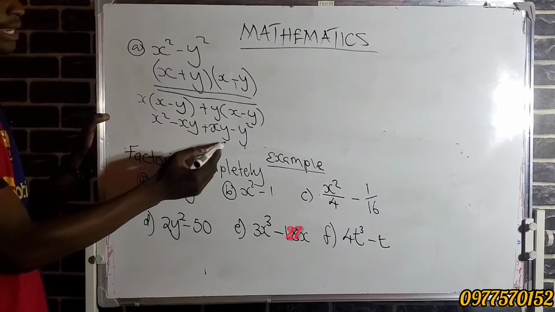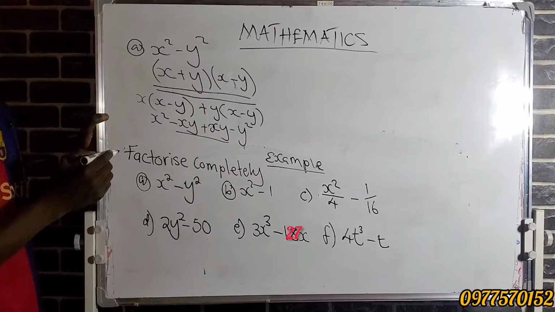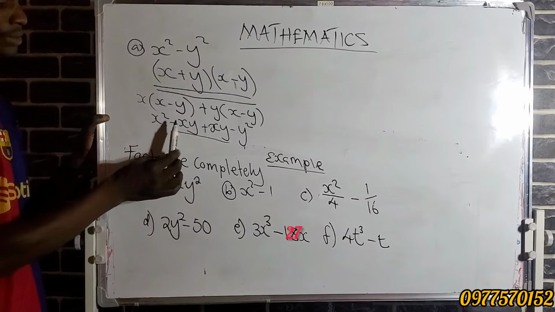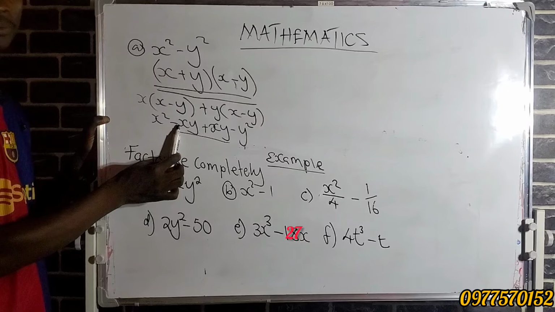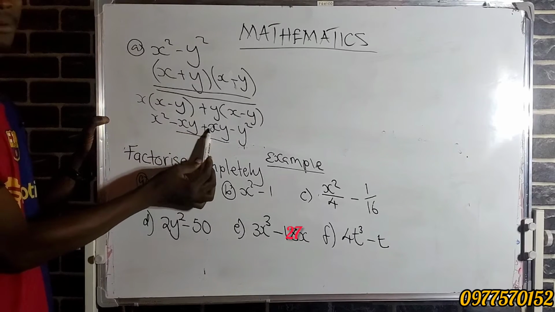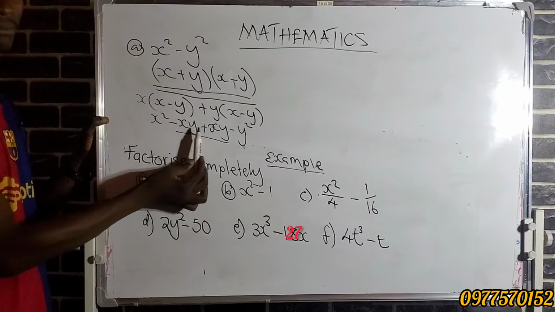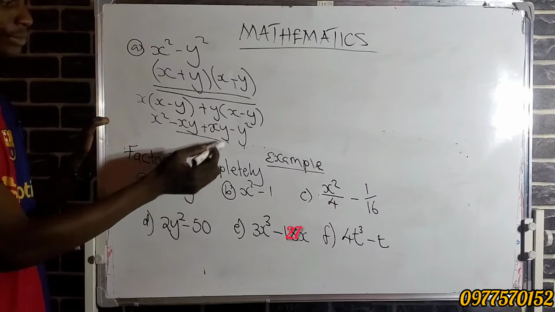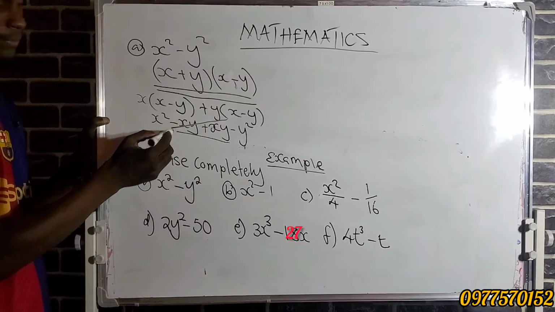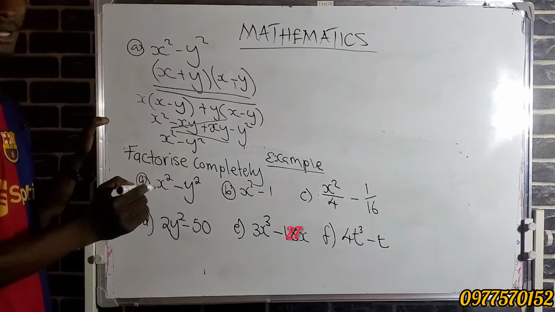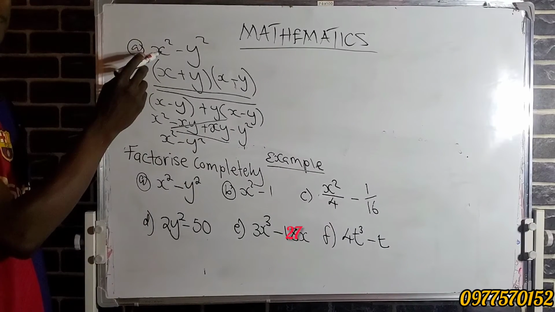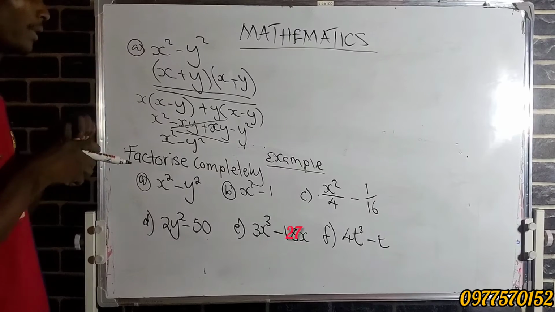And we have like terms here. What number do we have in front of xy? Negative 1. Then here? What is negative 1 plus 1? 0. So these cancel. We remain with x squared minus y squared, which is the same as this one. Good.